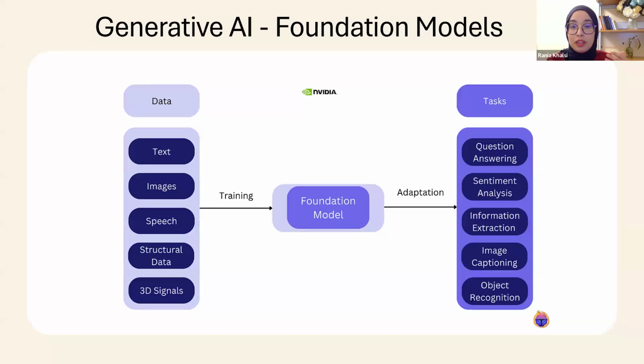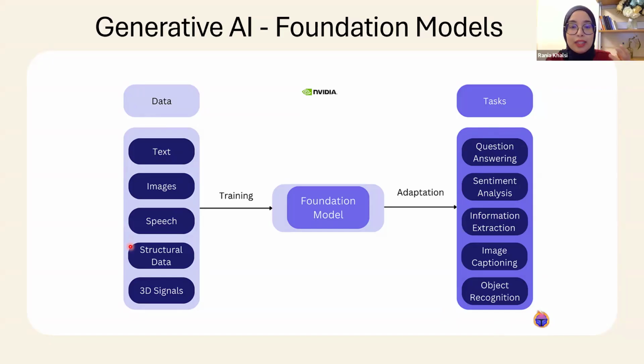After the training phase, once the foundation model is ready, we can use it across a wide range of downstream tasks, like question answering, as I mentioned. The idea is that data is the key.